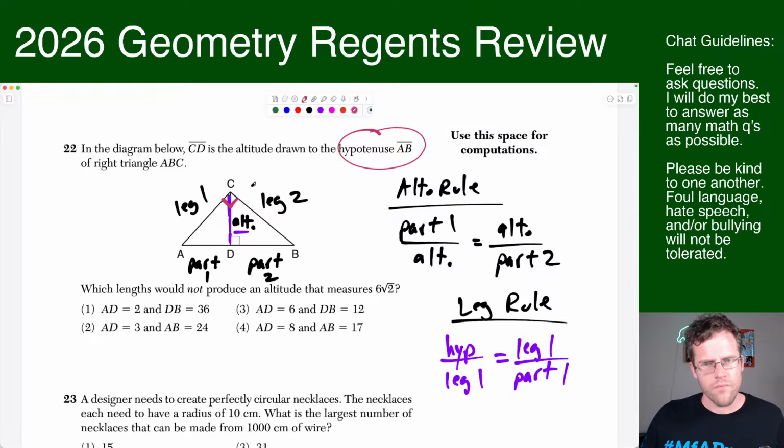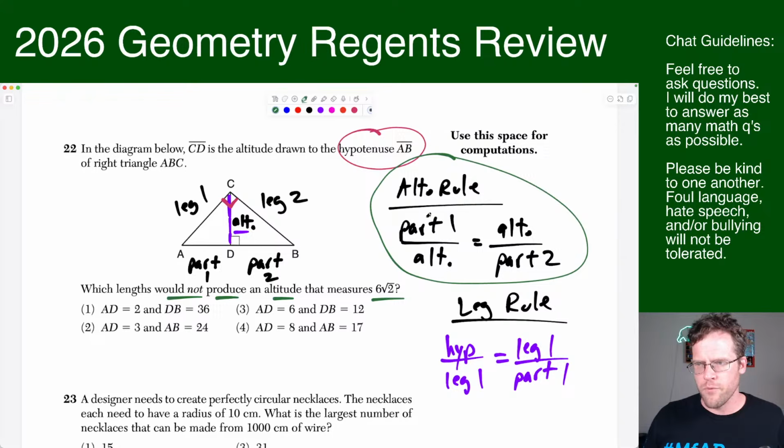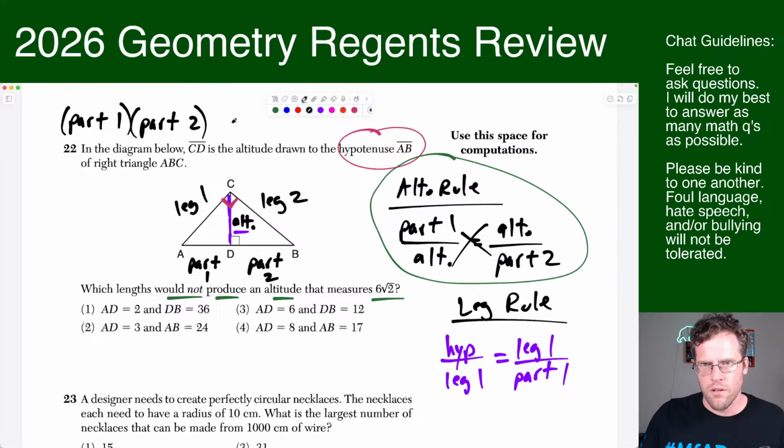So here, which lengths would not produce an altitude that measures 6 square root of 2? We're going to be using the altitude rule here, and cross multiplying makes this work out easier. We need part 1 times part 2 to equal the altitude squared, since altitude times altitude is altitude squared.